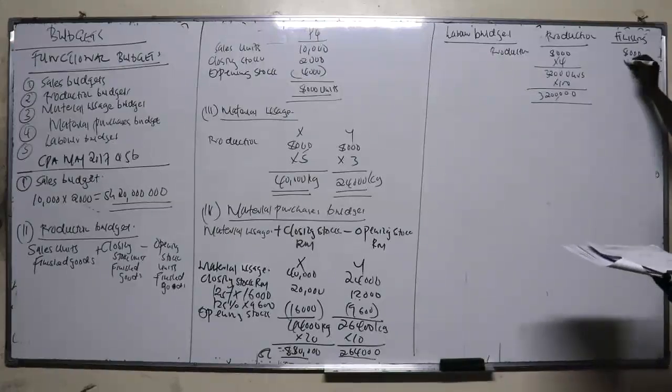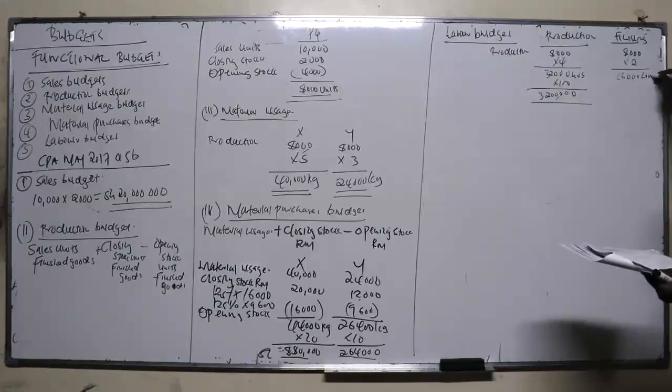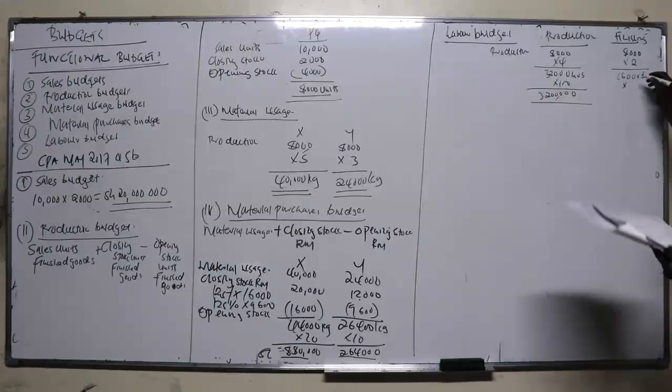And here, each unit requires how many hours? 2 hours. Total hours, 16,000 hours. Then each hour is paid at 140.